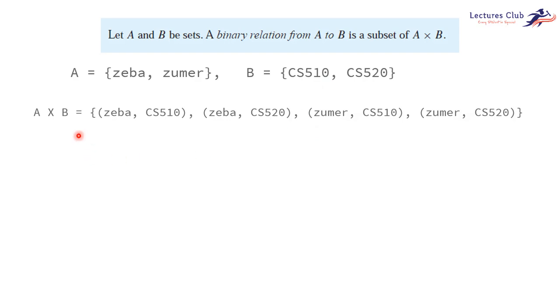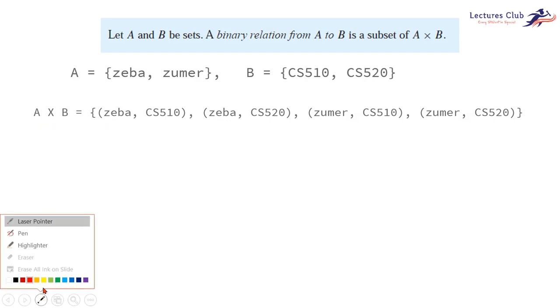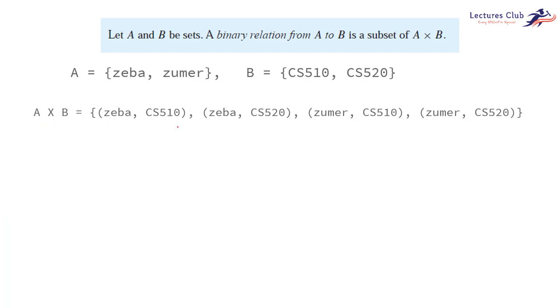So A cross B is also a set, and contains four elements. Here I highlight the elements. So Zeba and CS510 is the first element of the set A cross B. Similarly, Zeba CS520 is the second element, Zumar CS510 the third element, and Zumar CS520 is the fourth element of A Cartesian product B.